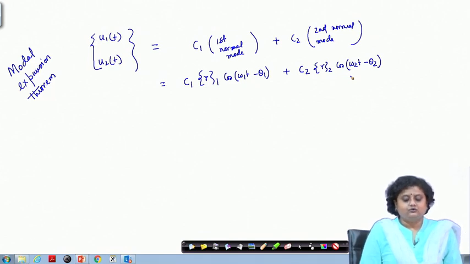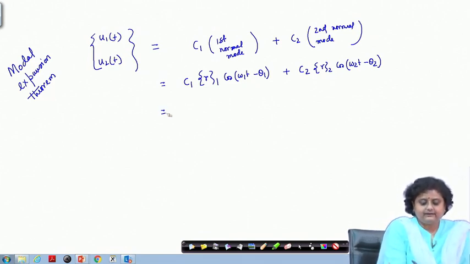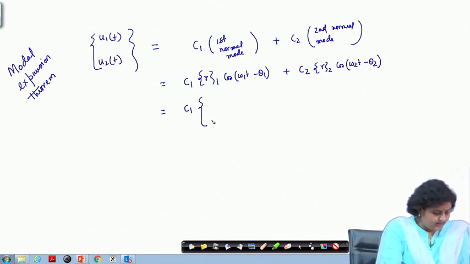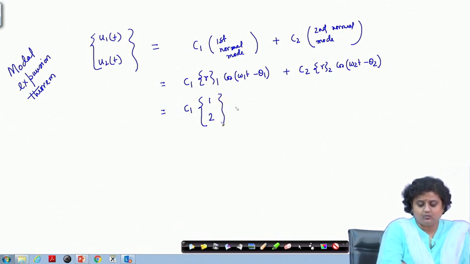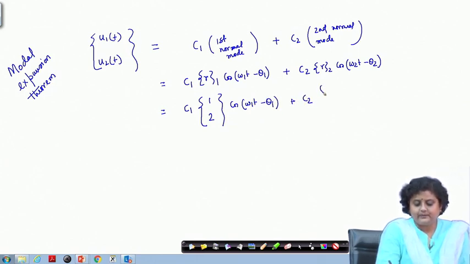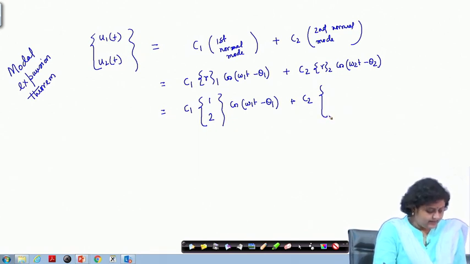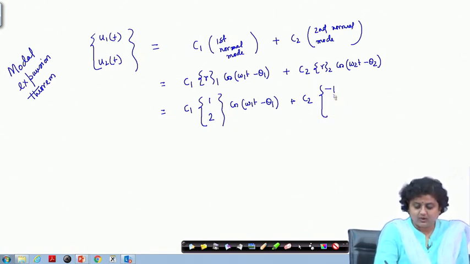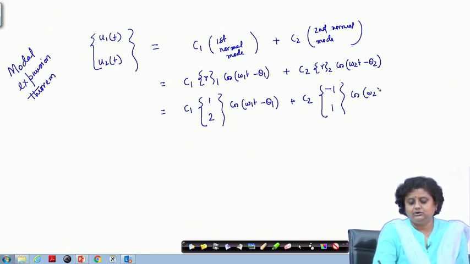If I write it in expanded form, it is C1 into the first mode shape, which is 1 1, into cos(omega 1 t minus theta 1), and then C2 into the second mode shape, that is minus 1 and 1, into cos(omega 2 t minus theta 2).